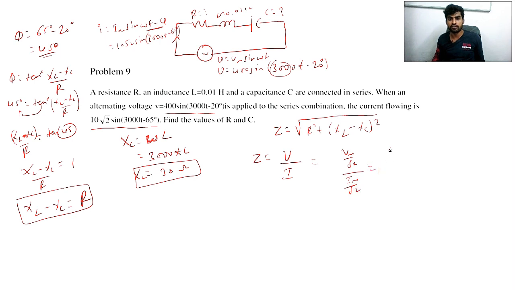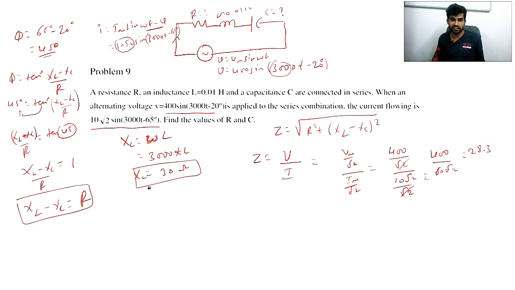That is 400 divided by 10 root 2. The root 2 cancels, and you will get 28.3.